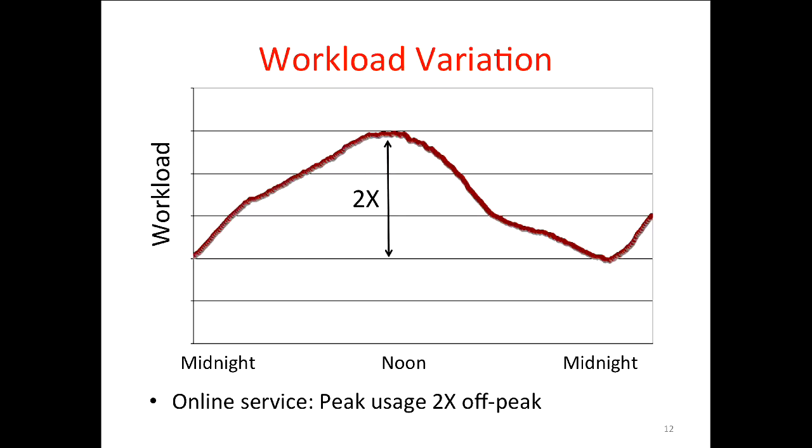I don't know what's happening here. Anyway, it continuously grows until noon, and then decreases again to the next midnight. There is a lot of variation, because peak usage is 2x the trough. So you have to consider this kind of workload variation when developing software for a warehouse scale computer.